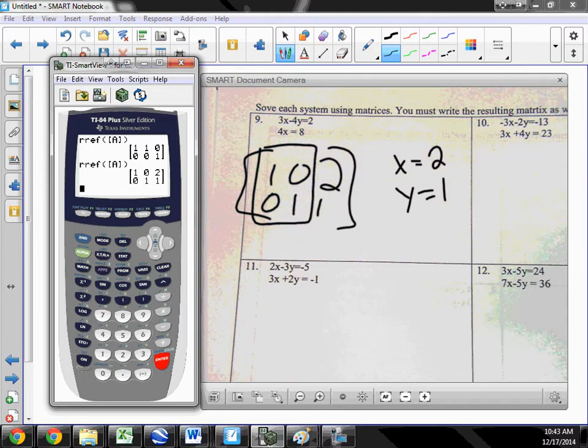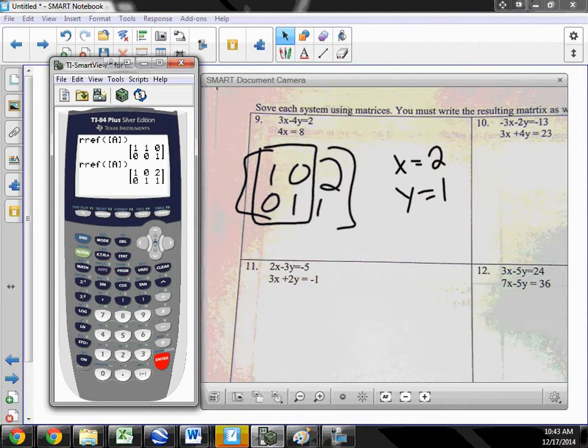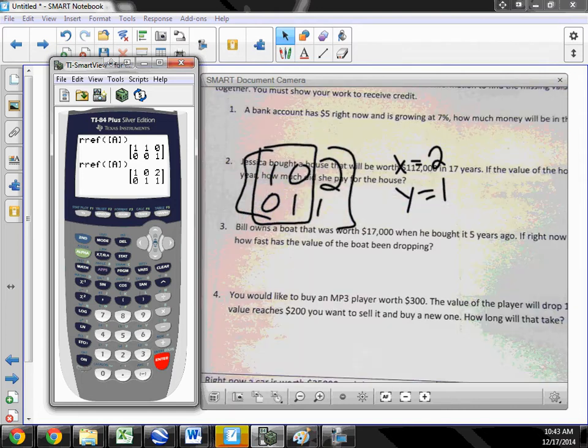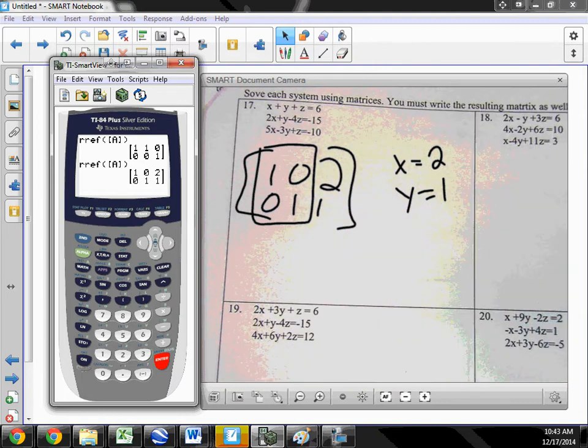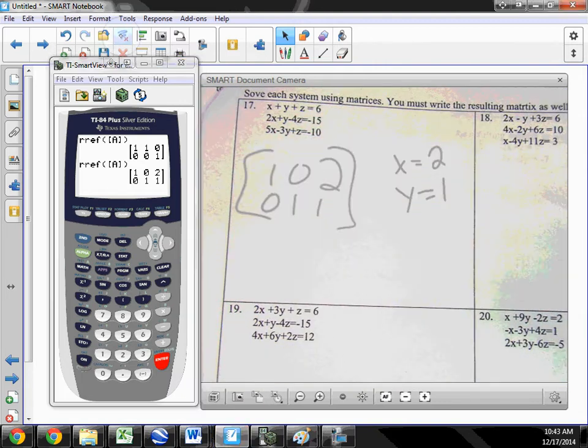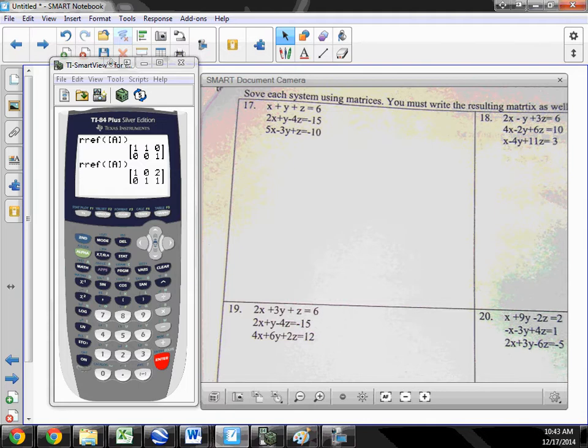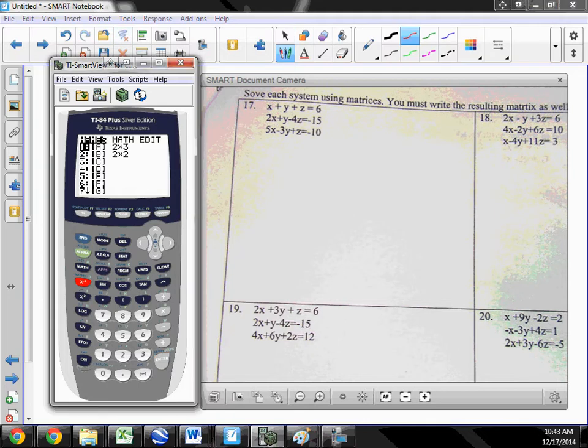Okay? Look at number 17. Number 17 has 3 equations. So when I enter my matrix, what size is it going to be? We do the number of rows and then the number of columns.